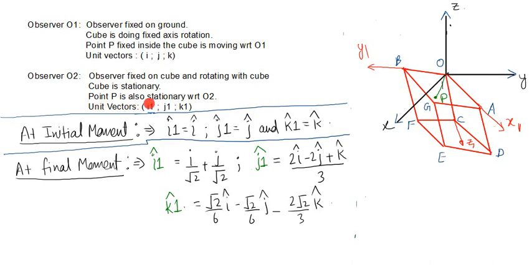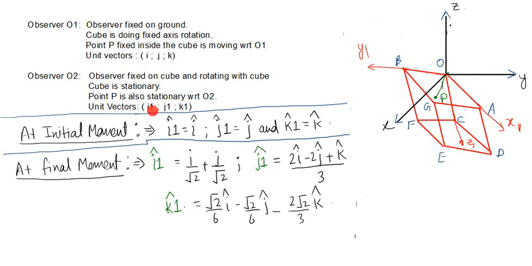So point P is stationary with respect to O2. Now suppose I1, J1 and K1 represent unit vectors along the positive x-axis, positive y-axis and positive z-axis in the frame of reference of O2. Just like i, j and k are the unit vectors along the positive x-axis, positive y-axis and positive z-axis in the frame of reference of O1.